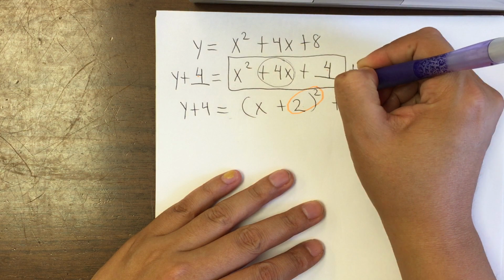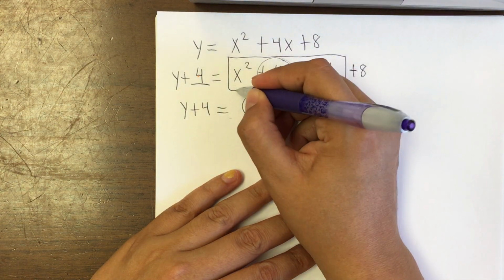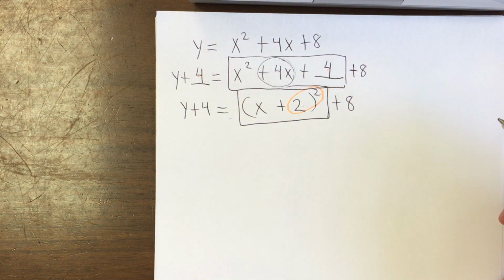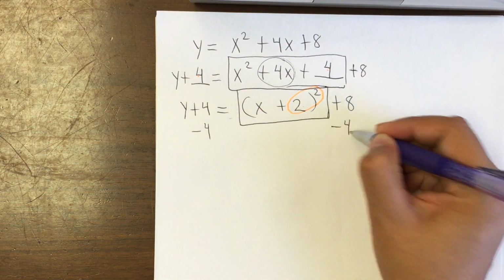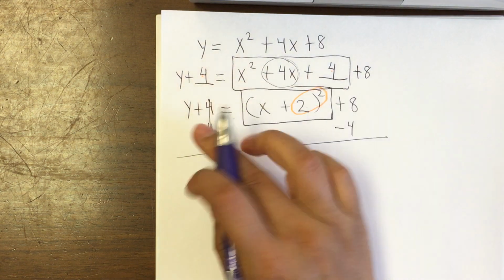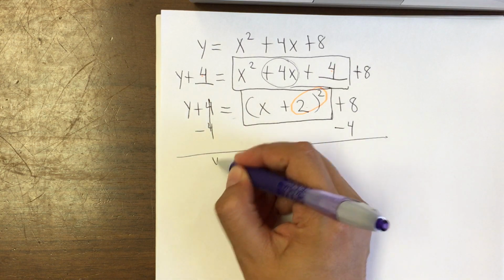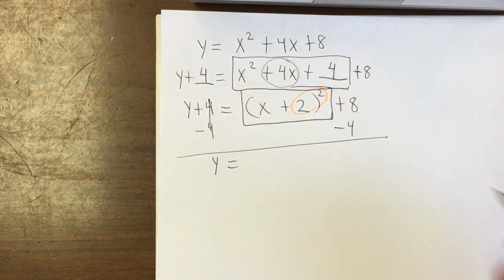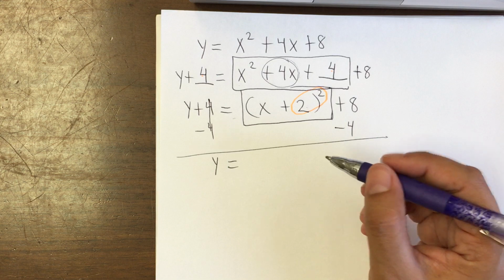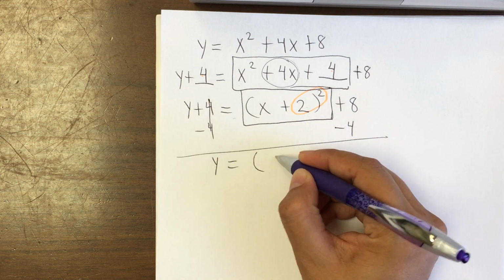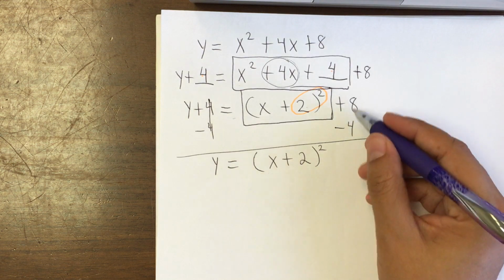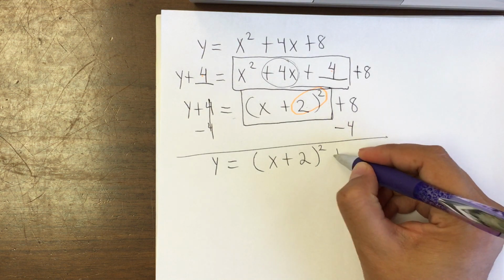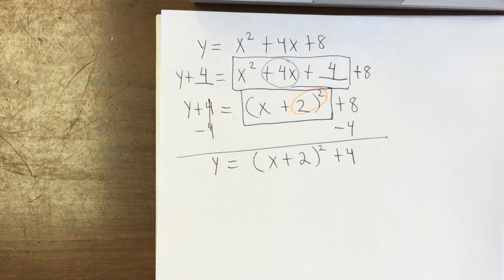This is this square right here, okay? Now I'm going to subtract 4 from both sides because we need to have y by itself. And so y will be equal to x plus 2 to the second power. 8 minus 4 is 4, so it's going to be plus 4.